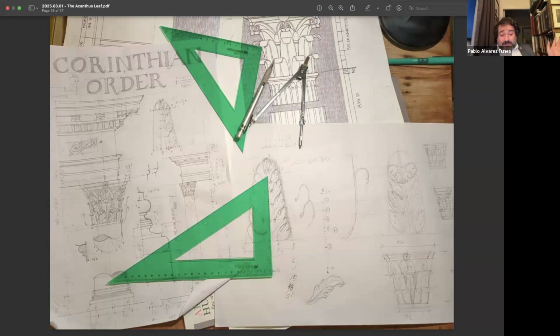Dimitri Porphyrios, for example, has one which is very good, but you need to know a little bit of classical architecture to enter into Dimitri's classical. But the nice thing about this book, this is actually the first edition of The Classical Language of Architecture, you see, it's much thinner than the one I showed you.